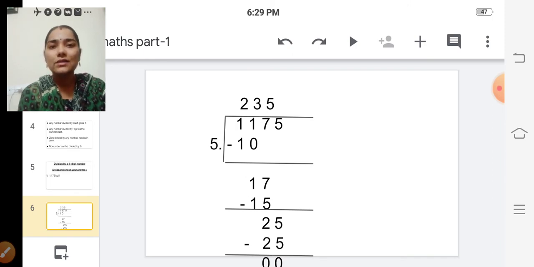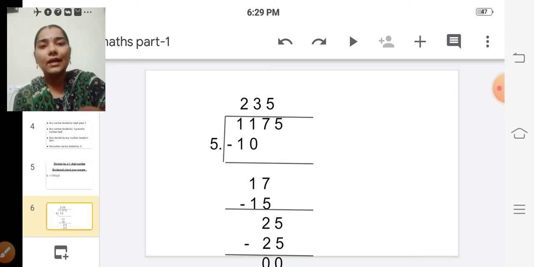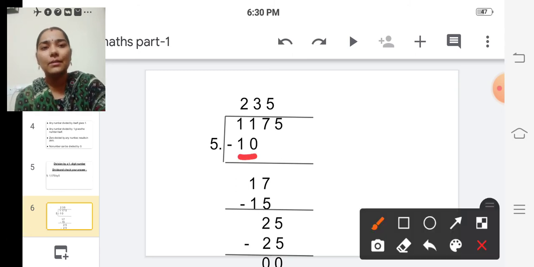So here 11 is greater than 5, isn't it? So we can divide. So 5 twos are 10. So we have to put that 2 in the quotient, and we have to put that 10 here, and we are going to subtract 10 from 11. So we get the answer 1, and in the next step we have to bring down the 7 tens of the dividend.